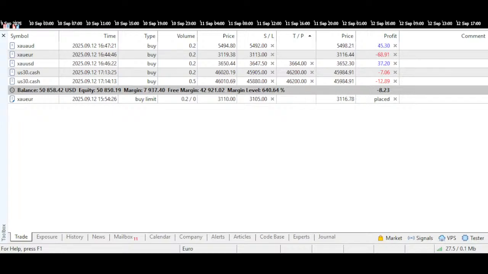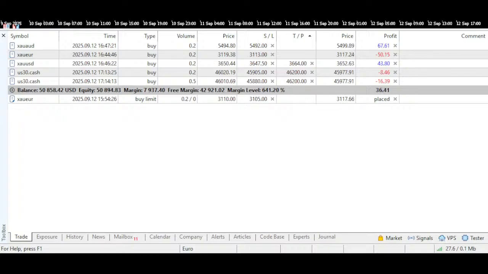Of course, before that, if we get stopped out, then I have to go for a re-entry. But the market is lacking strength, maybe because it is the end of the week.